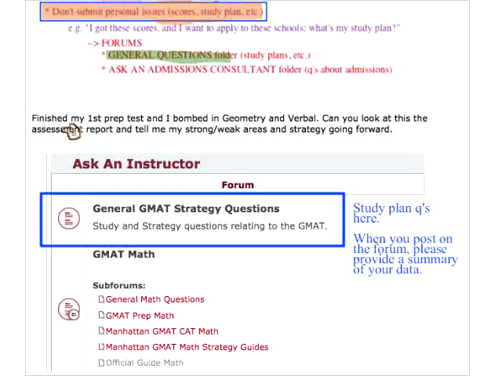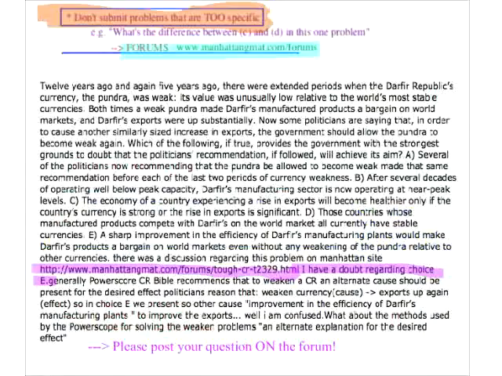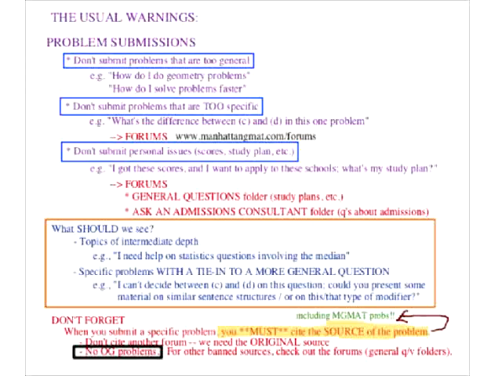Okay, so what do we want to see? What we want to see is some sort of general medium length idea, as we said here. So one from a while ago, a person asked about the median and statistics questions, so that became the topic of a later lecture.